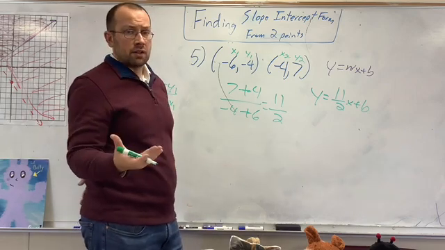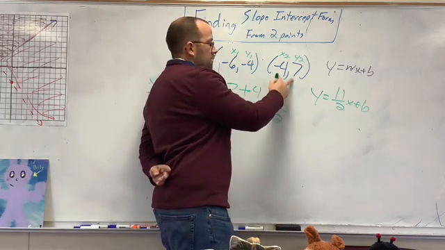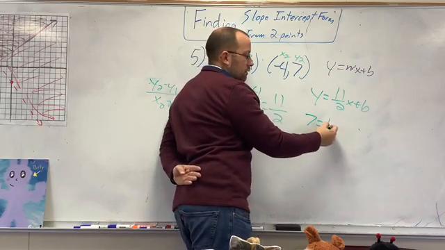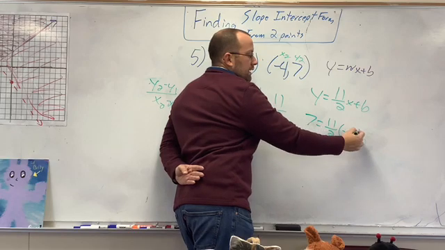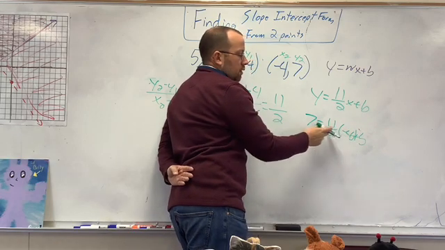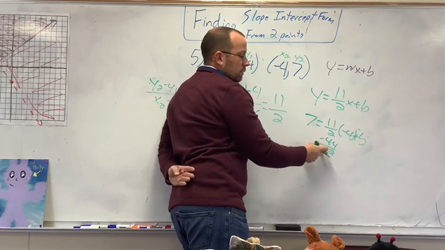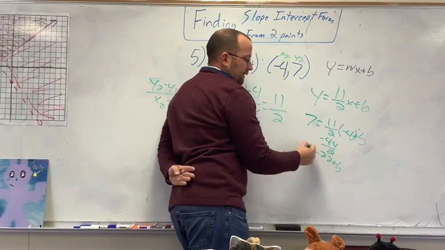All right, so that way I can get rid of it when I'm multiplying it through. If you don't understand this, you can do it whatever way you want. This is how I do it. I'm going to use this one, negative 4 and 7. So 7 equals 11 over 2 times negative 4 plus b. All right? So I can multiply this across if I want, make that negative 44 over 2, which simplifies down to negative 22 plus b equals 7.